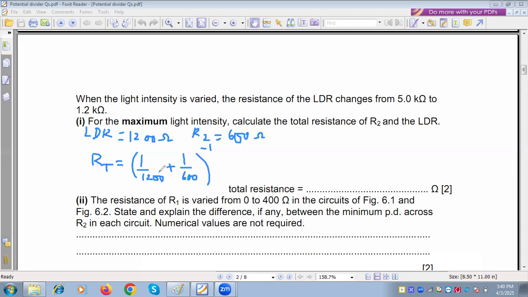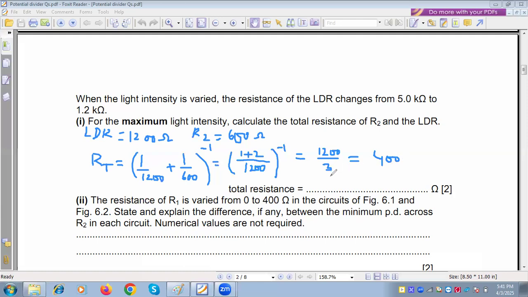So when we solve it, what will be the answer? 1 plus 2 over 1200, to the power minus 1. When I reverse it, 1200 over 3. The answer is 400.